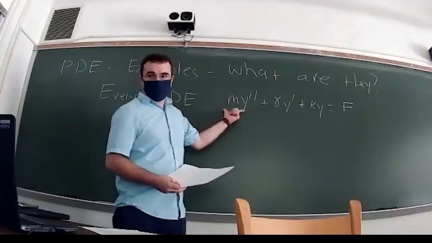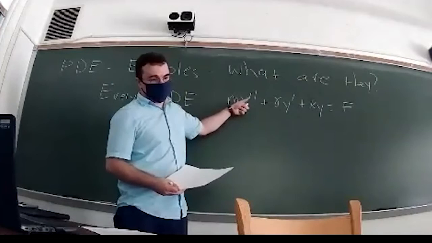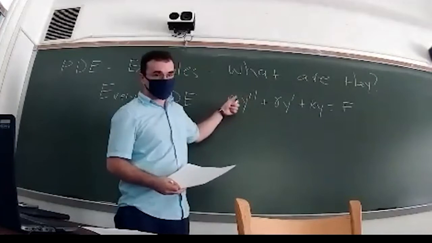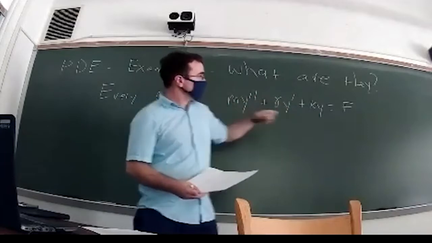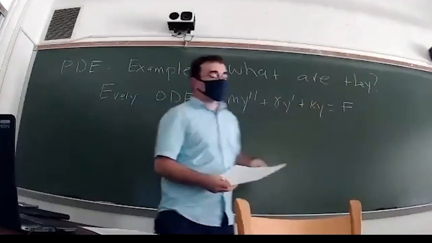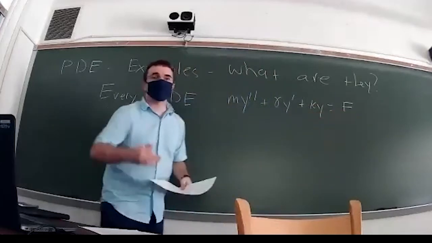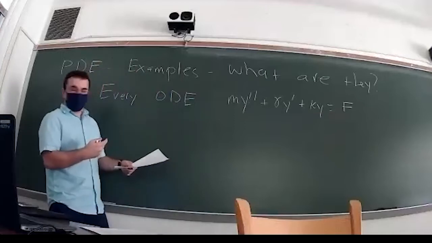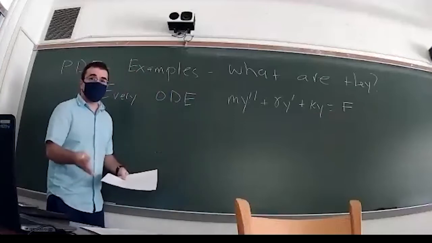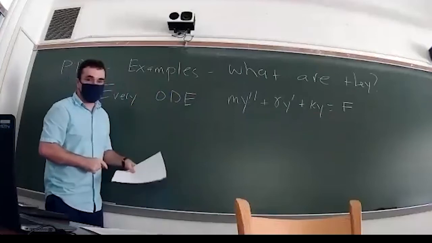Because of Newton's second law, the mass gets a term with acceleration. Friction goes against the first derivative, and then k is your spring constant. And then capital F represents an external force that's put onto the spring. Of course, I will not give you a detailed explanation of this, from ODE class, but that's a classic example you might study.